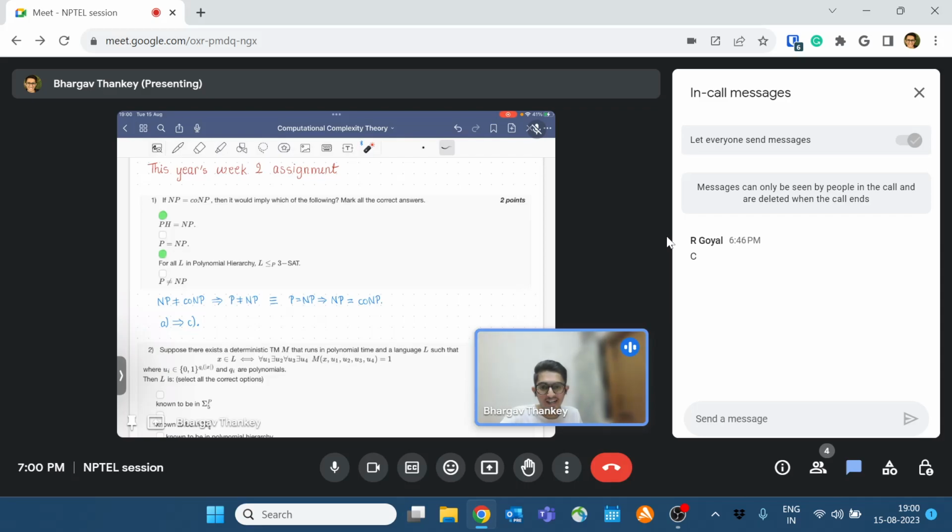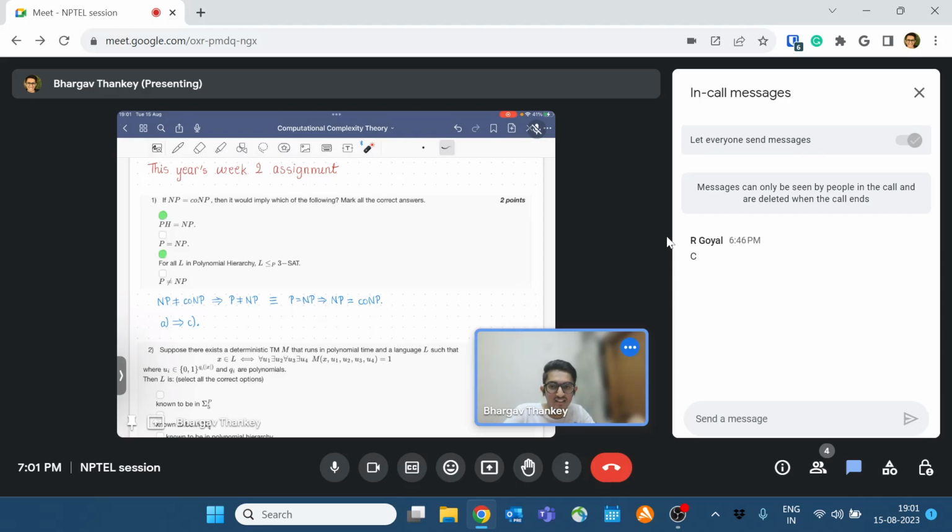But if you are looking at a direct proof, there is also this direct proof. NP is not equal to co-NP, which means 3-SAT cannot be in co-NP. Now suppose P were equal to NP, then 3-SAT would have to be in P. So 3-SAT complement would be in P, and 3-SAT complement would be in NP.